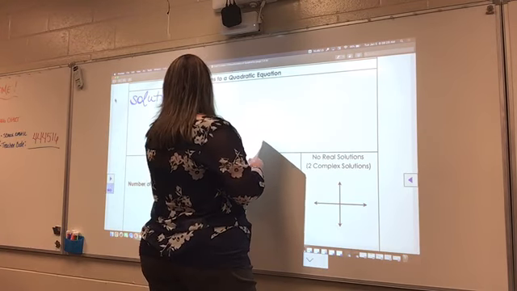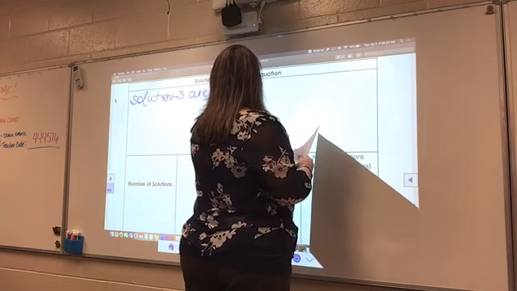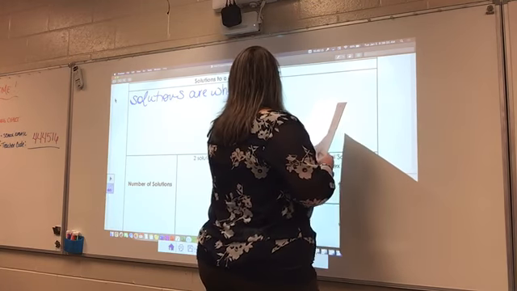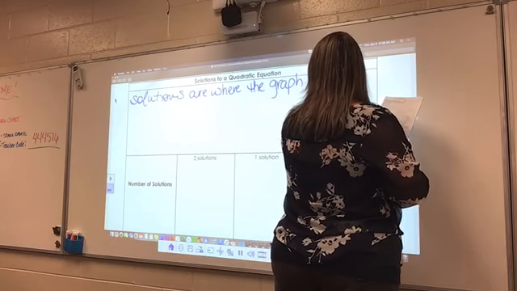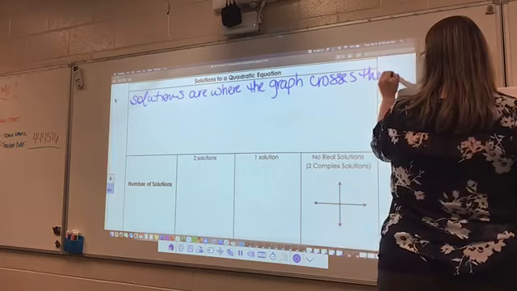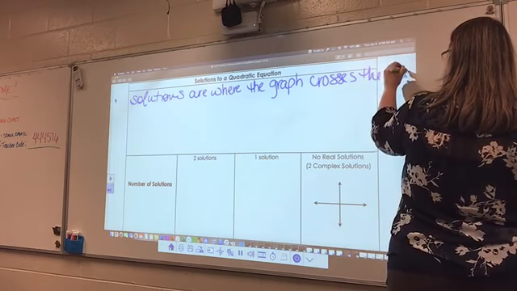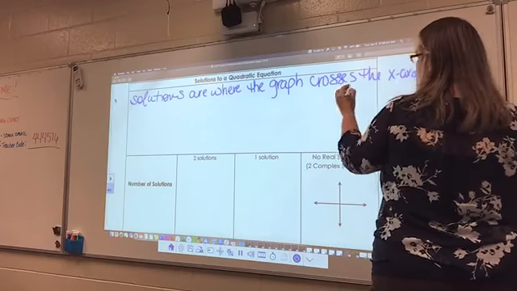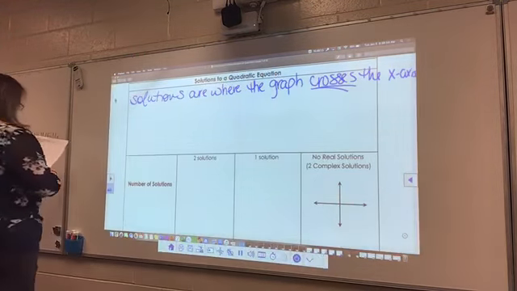Solutions are where the graph crosses the x-axis, which is what we were just talking about when I was talking about the x-intercepts.